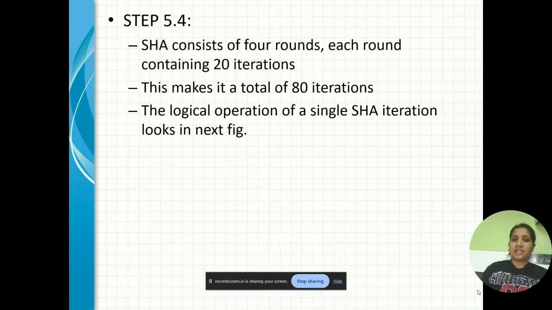Step 4. SHA consists of 4 rounds, each round containing 20 iterations. This makes it a total of 80 iterations. The logical operation of a single SHA iteration looks like the next figure.